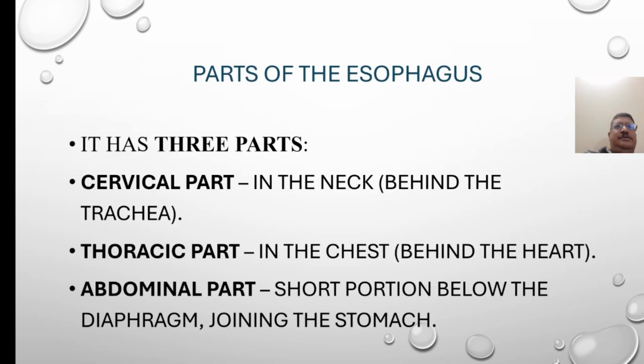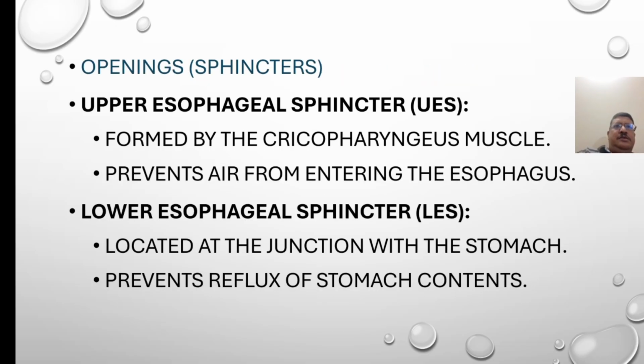Parts of the esophagus: it has three parts. The cervical part in the neck behind the trachea, the thoracic part in the chest behind the heart, and the abdominal part, a short portion below the diaphragm joining the stomach. Openings: there are two sphincters. The upper esophageal sphincter, UES, formed by the cricopharyngeus muscle, prevents air from entering the esophagus.